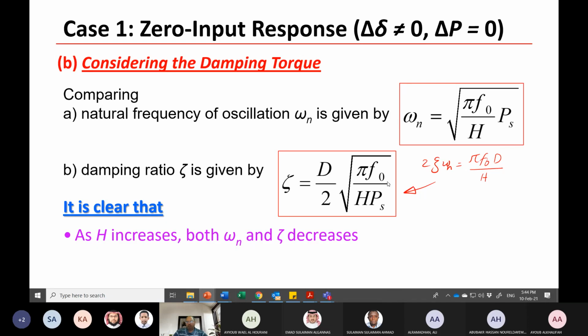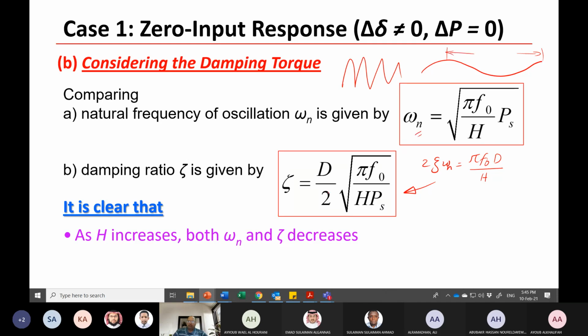Mathematically you can see this, and the physical meaning is that if you have a heavy machine, the frequency of oscillation of this machine is very slow, and the response will be very slow. It is not a light machine. You can have the oscillation as such, but this is a heavy machine, so the oscillation frequency will definitely be lower.